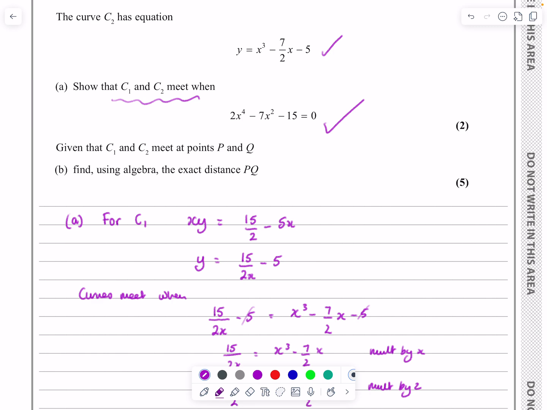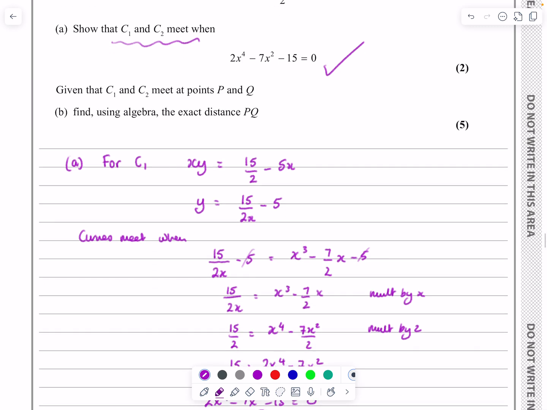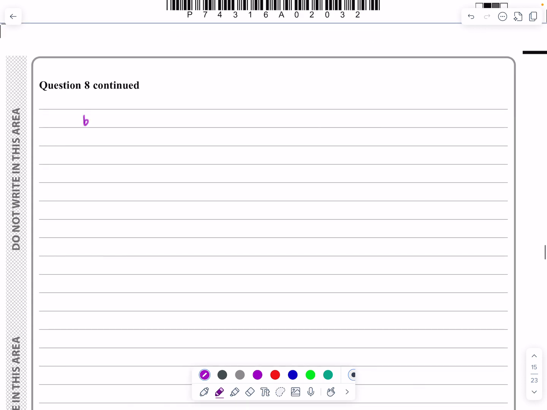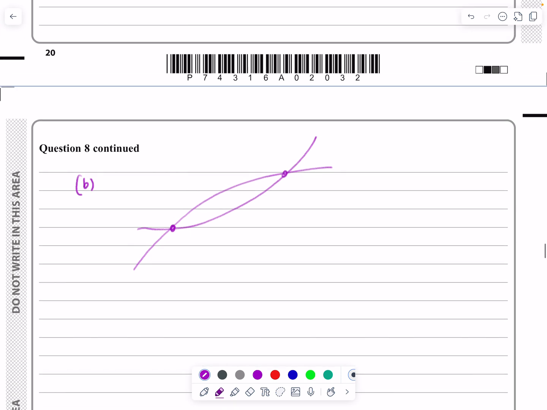So then the second part says they meet at points P and Q. Use algebra to find the exact distance of P and Q. I'm not going to keep this as part of my answer, but basically we've got a curve here and a curve here, which are going to meet at 2 points. So I need to solve my equation and get those 2 points.